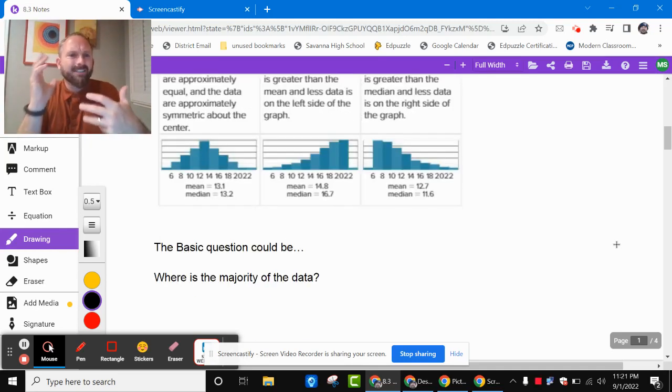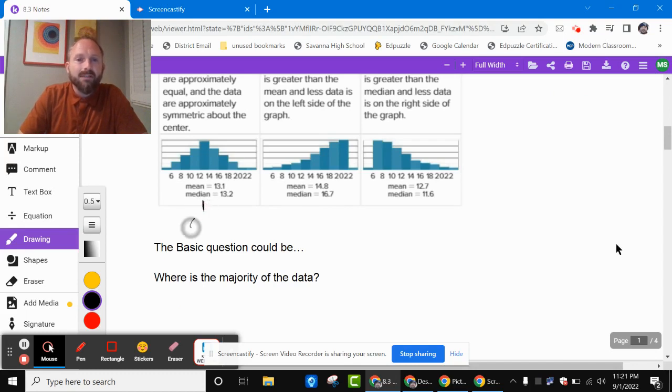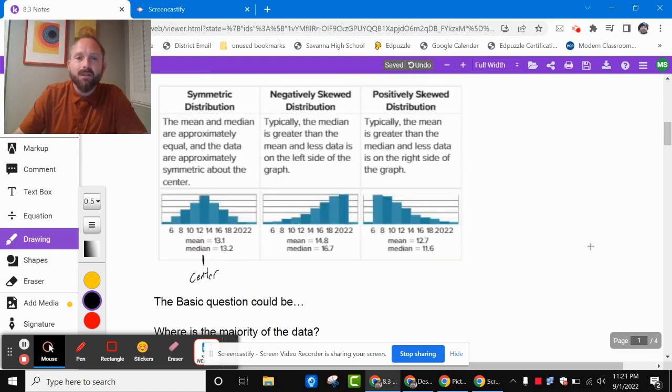The basic question is, where is the majority of the data, or where is most of the data? So right here, we got the center for the symmetric. Let's scoot up. For negatively skewed, it's going to be on the right side. Positively skewed, it's going to be on the left side.